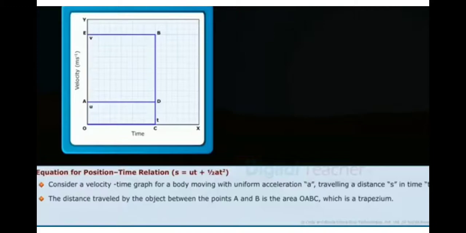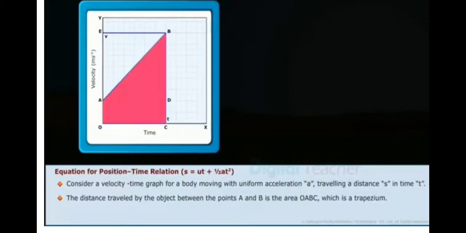Equation for position time relation. s is equal to ut plus half at squared. Consider a velocity time graph for a body moving with uniform acceleration a, traveling a distance s in time t. The distance traveled by the object between the points A and B is the area OABC, which is a trapezium.